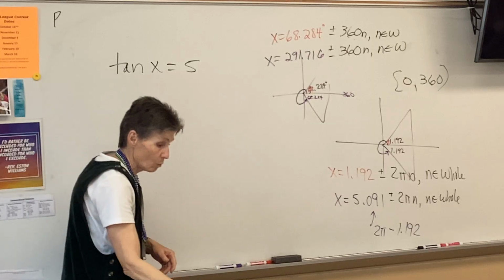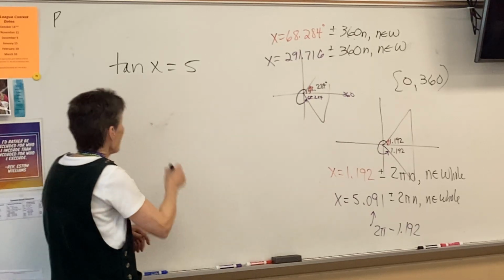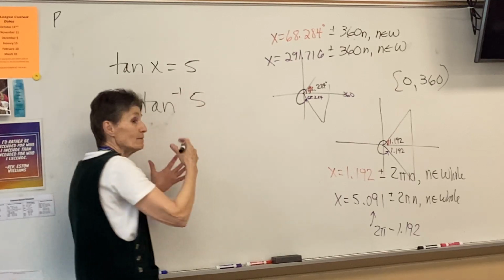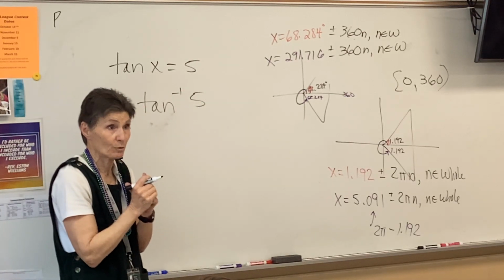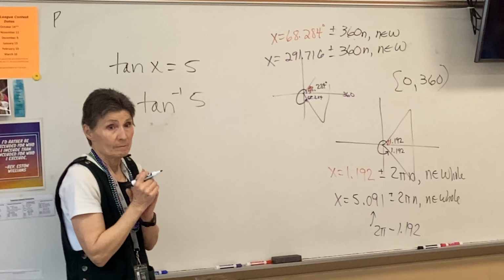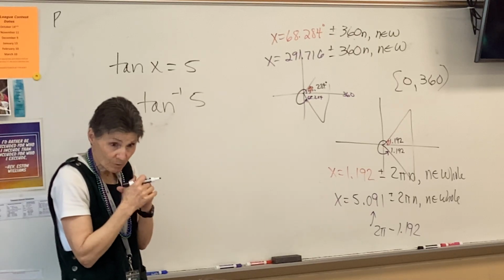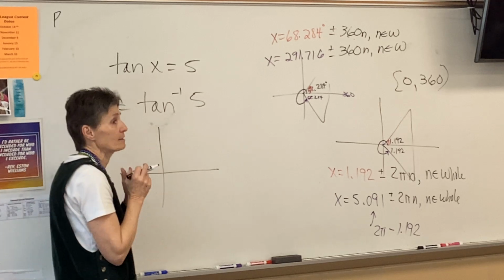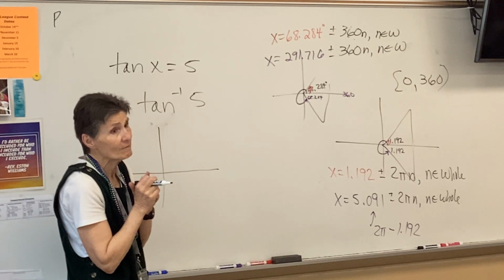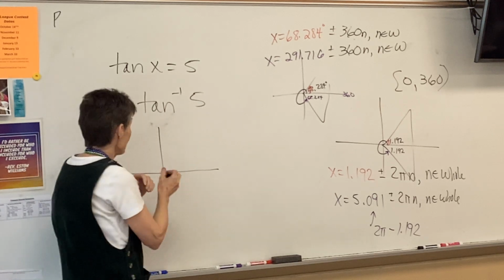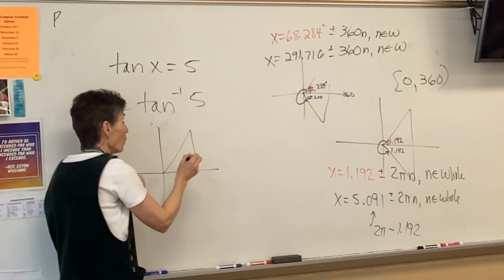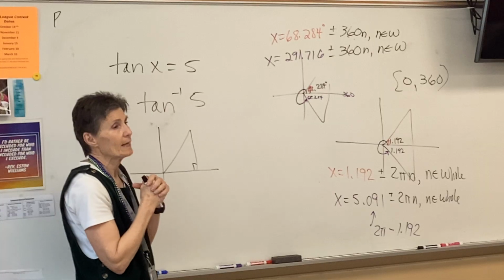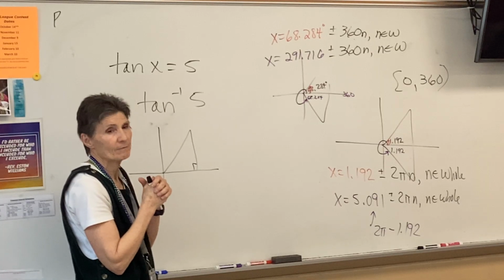I know that I am going to have to type second tangent 5, or inverse tangent, on my calculator. Do you agree with me? But before I do that, where can the tangent be a positive 5? It can be a positive 5 in quadrant 1. Where else can it be a positive 5?